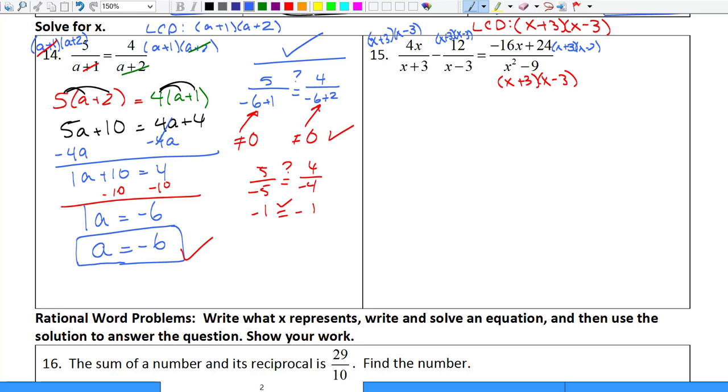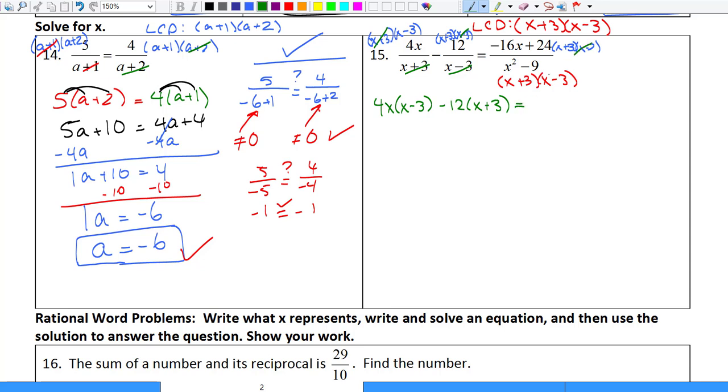Okay, so why was that helpful? Well, the x plus 3 divides out and you're left with 4x times x minus 3. On the second fraction, the x minus 3 divides out and you're left with minus 12 times x plus 3. Don't try to distribute that out because you'll probably forget to distribute the negative.